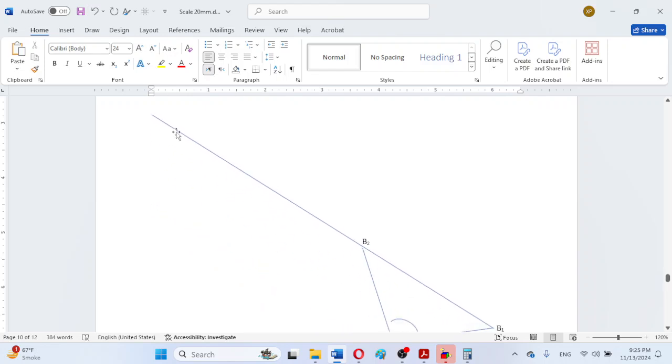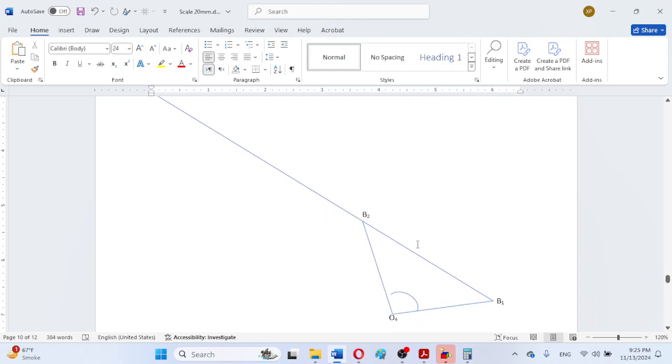So this is quite random. So I have drawn the line connecting B1 and B2, which are the extremes of this rocker link.